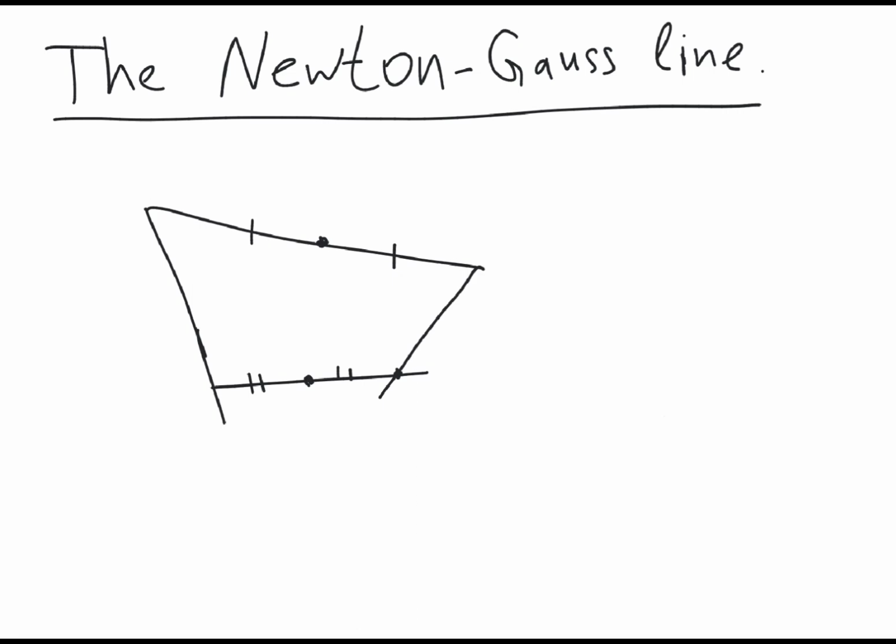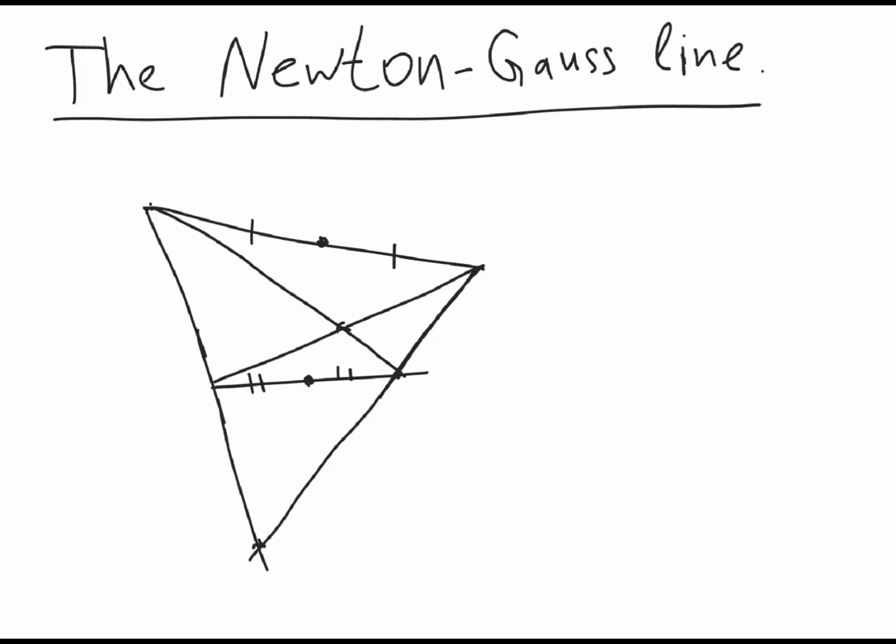And then we consider another midpoint. So first we take the intersection of the diagonals, and we take the intersection of the extensions of the other two opposite sides.